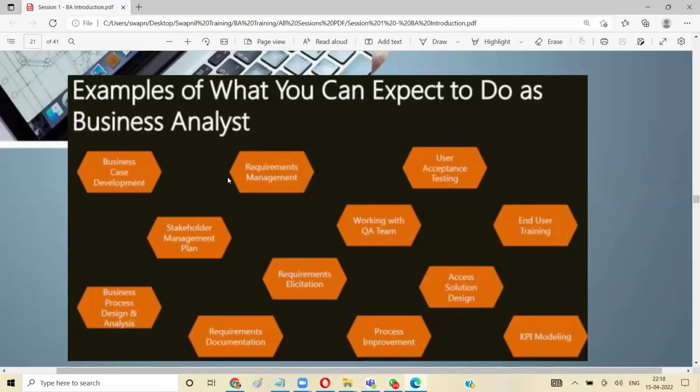That means a process is already there. A company will bring in a process when they're setting up new. Once the company is already functional, they will have some kind of process and they want to improve it. So 90% of our responsibility or our work will be to improve the existing process. To improve the existing process, you need to understand what's going on, correct?